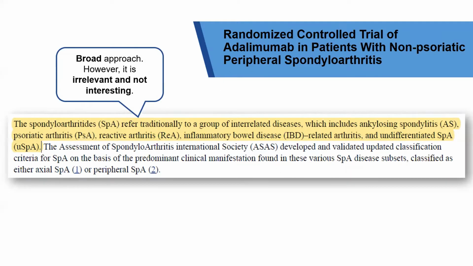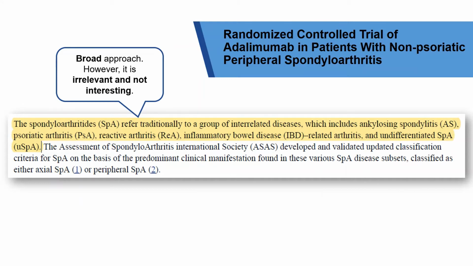So how they started is they talked about that SPA, or spondyloarthritis, refers traditionally to a group of interrelated diseases, which includes ankylosing spondylitis, psoriatic arthritis, reactive arthritis, inflammatory bowel disease, and undifferentiated SPA. So, in my opinion, this is indeed a broad approach.